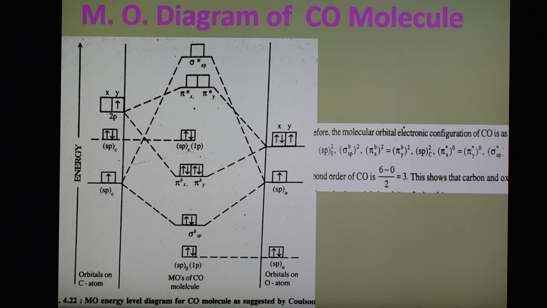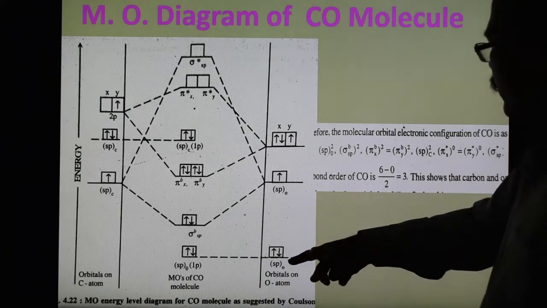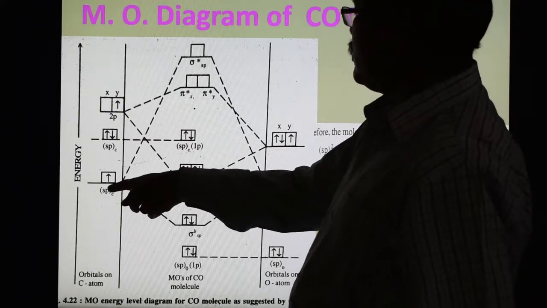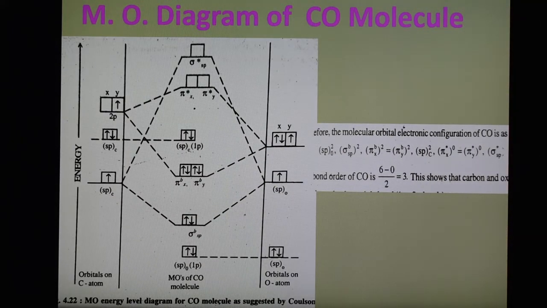In the case of oxygen, the sp_o2 hybrid orbital having the lone pair has lower energy than the one having a single electron. It has a high degree of s character and hence is very stable, an unreactive hybrid orbital. So these are the reasons that sp_o has lower energy, and sp_c has higher energy compared to the singly occupied hybrid orbital of carbon.